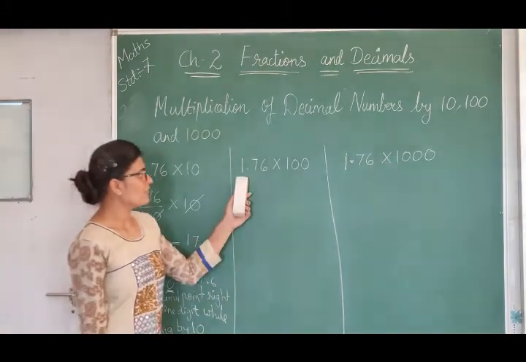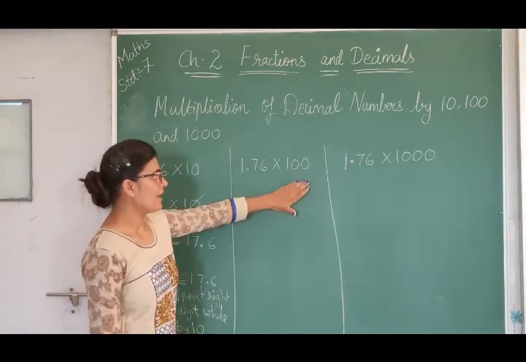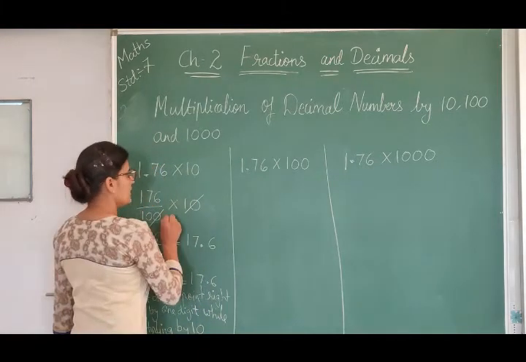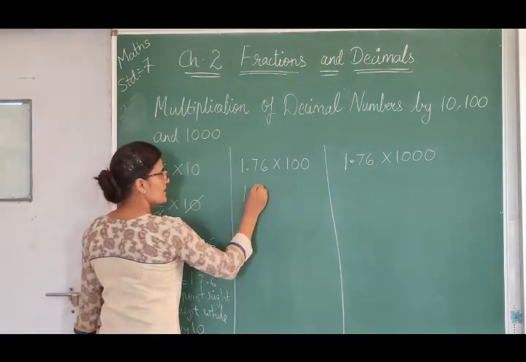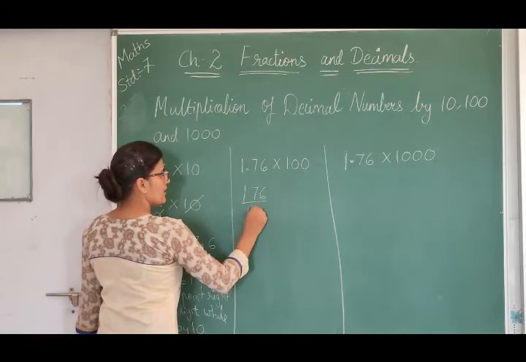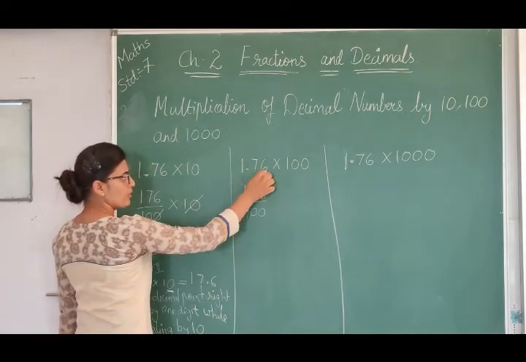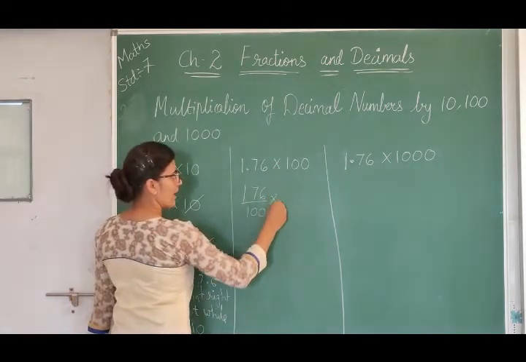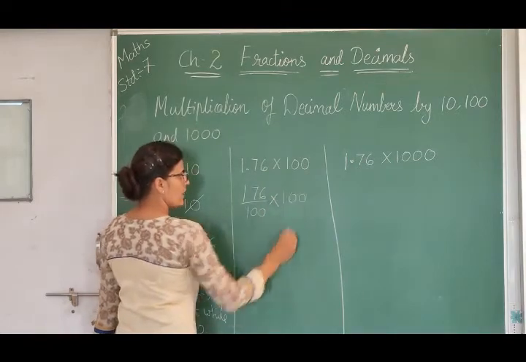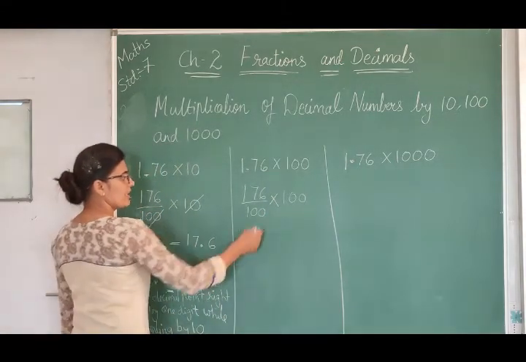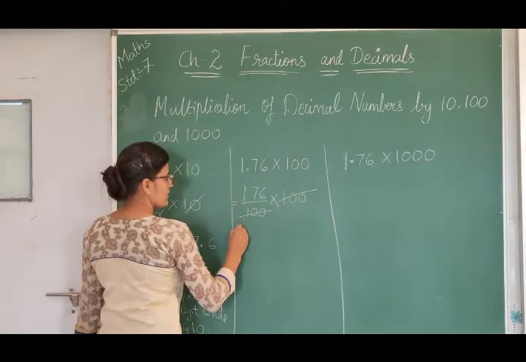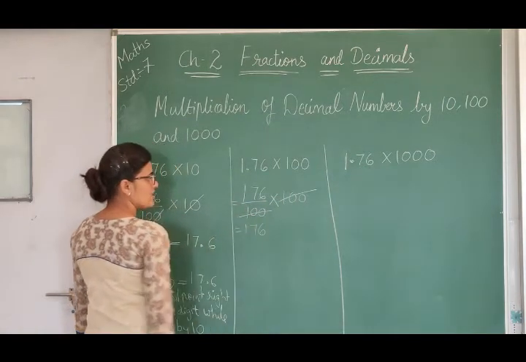Now second, 1.76 multiplied by 100. So in this method we can write 176 divided by 100, because after the point 2 digits are there. Now multiply by 100, we will copy it as it is. So what will be the answer? 100 and 100 cancel out and the answer will be 176 itself.